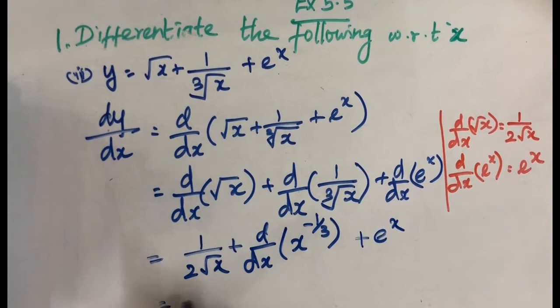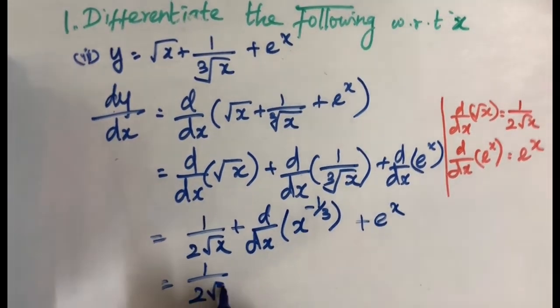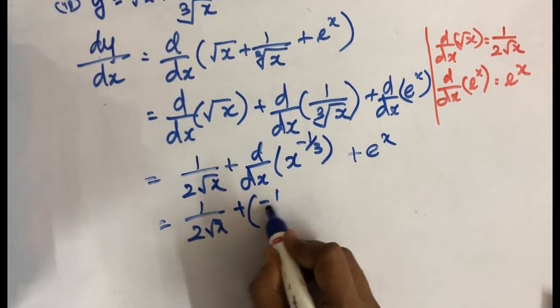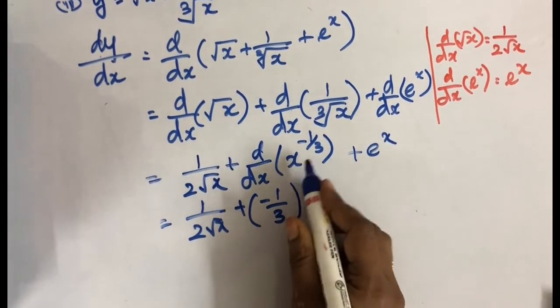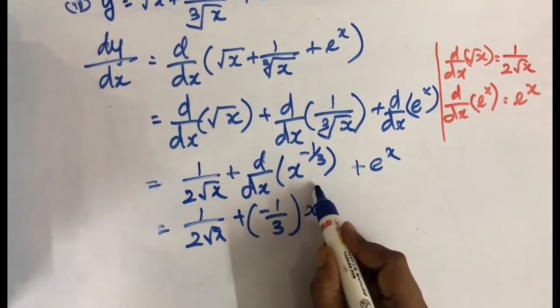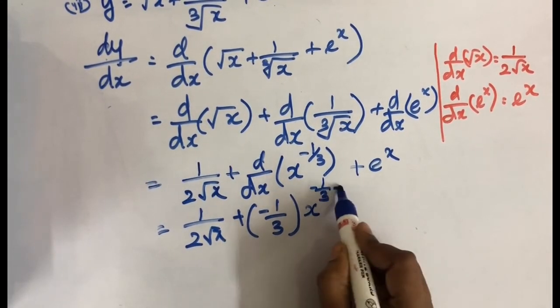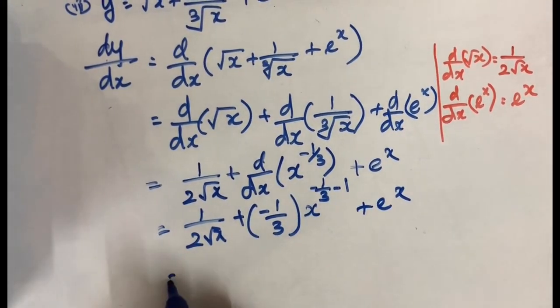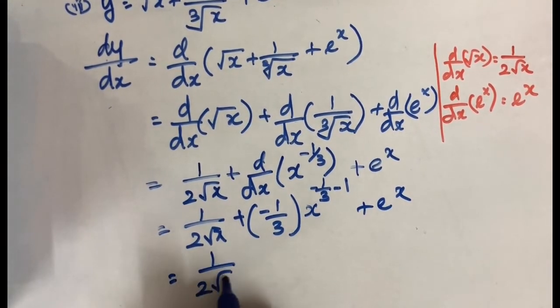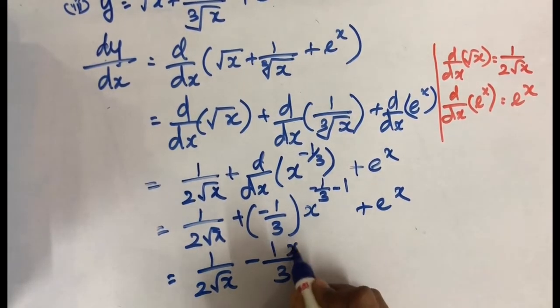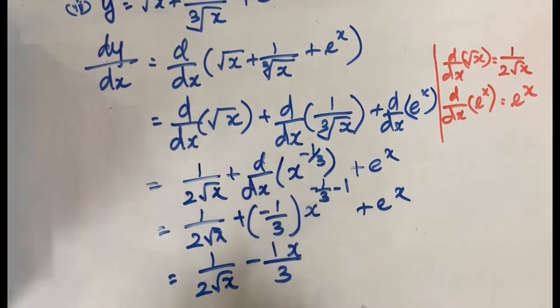Now we can differentiate. 1 divided by 2 root x, plus minus 1/3, n x^(n-1). So n x^(n-1), that is minus 1/3 x^(-1/3-1), plus e^x. So 1 divided by 2 root of x minus 1/3 x^(-1/3-1).